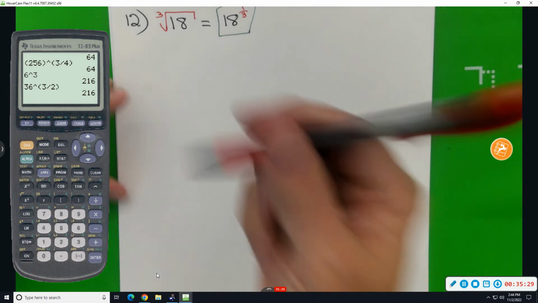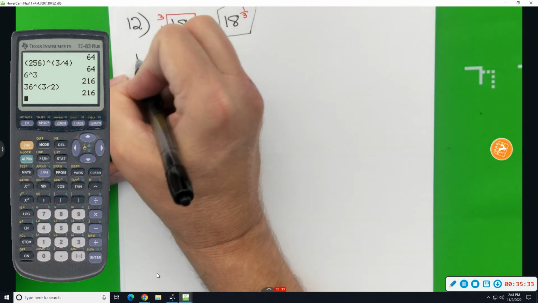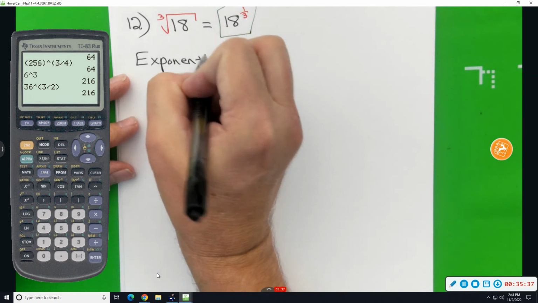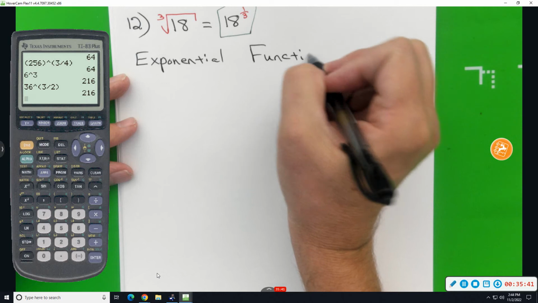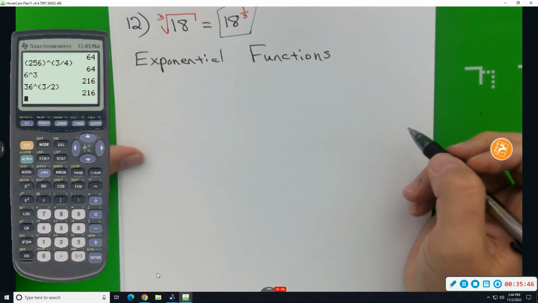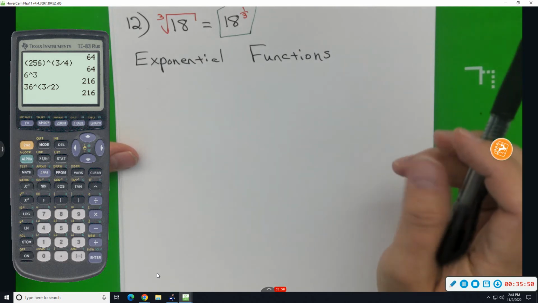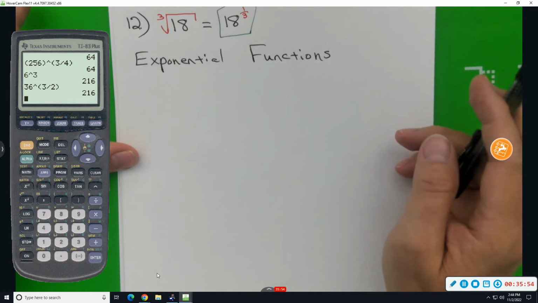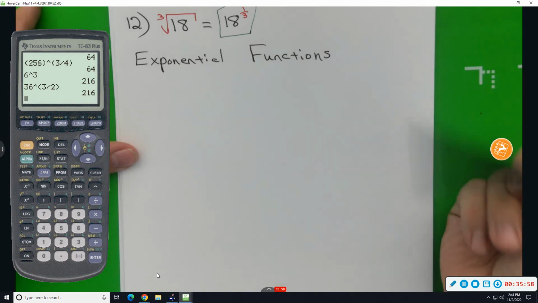Okay. An exponential function, we've been using properties of exponents. An exponential function is a function that contains an exponential expression, but the difference is that the variable is located in the exponent position, not as the base.